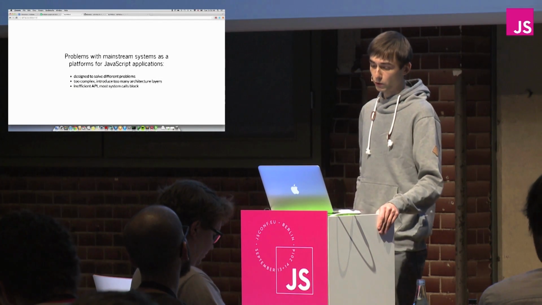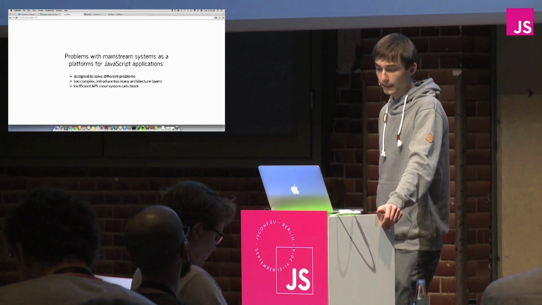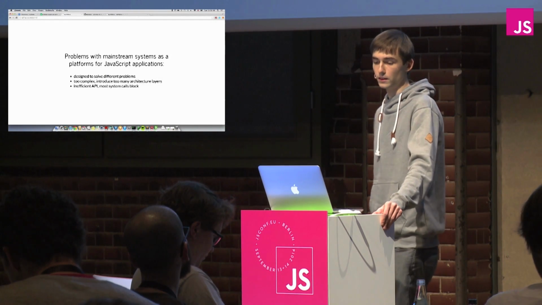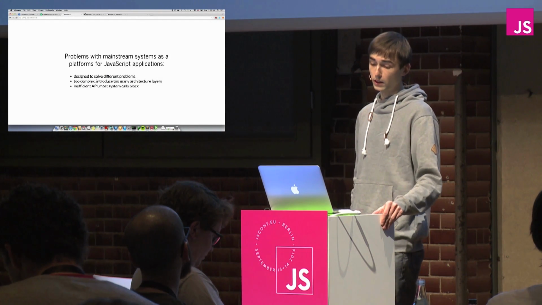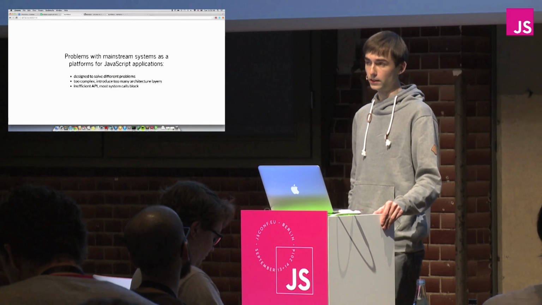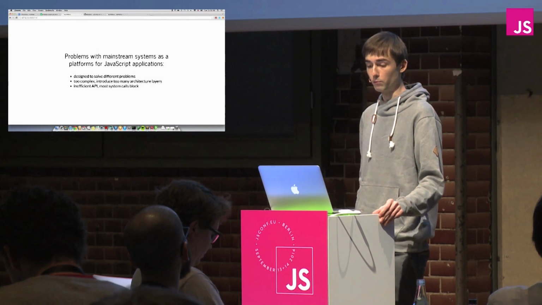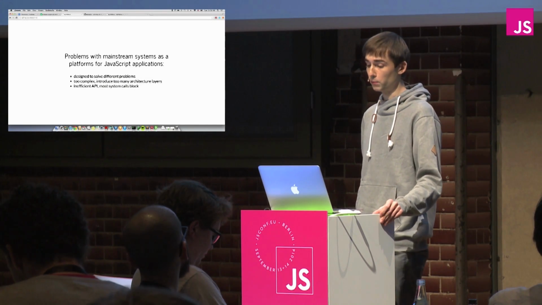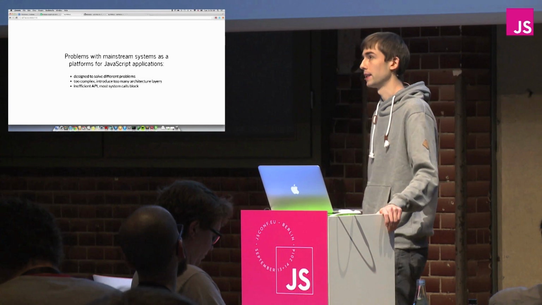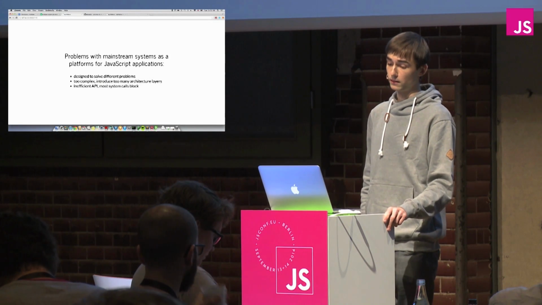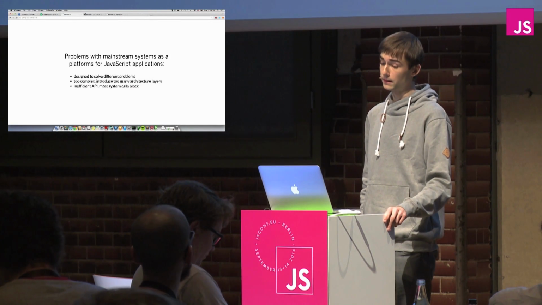The reason is that they were designed to solve different problems. They were designed to run compiled binaries and not just JavaScript code that runs in a VM. They are also too complex. They introduce too many architecture layers and provide mostly inefficient APIs.